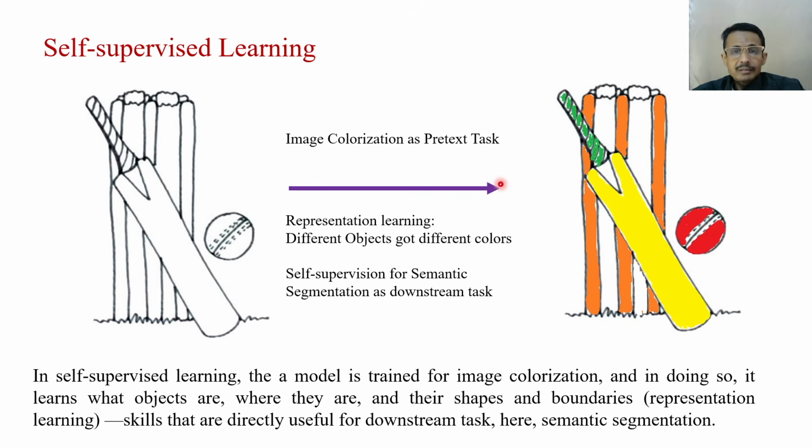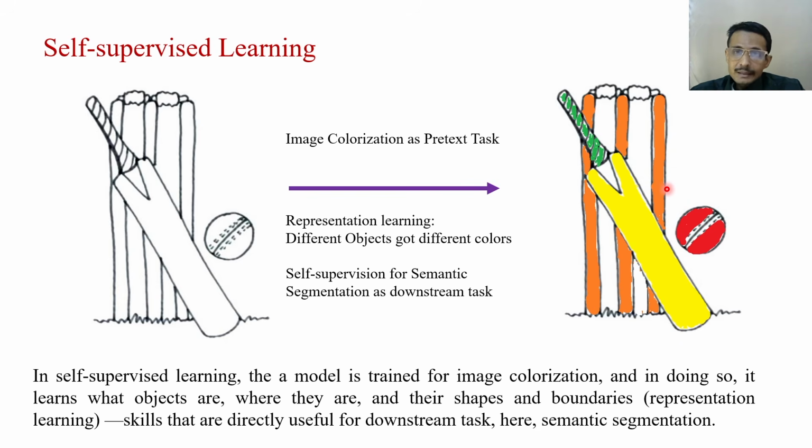There is an automatic colorization technique, so we can colorize it. The bat is yellow, the wicket is orange, and the ball is red. This is just object colorization.